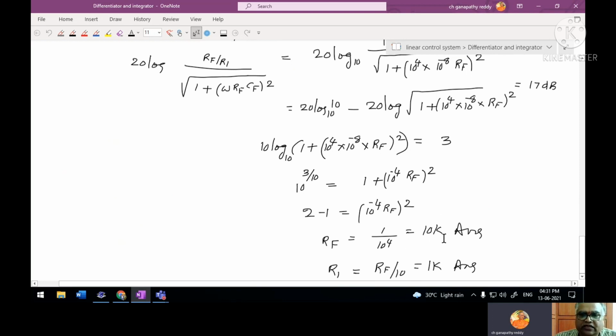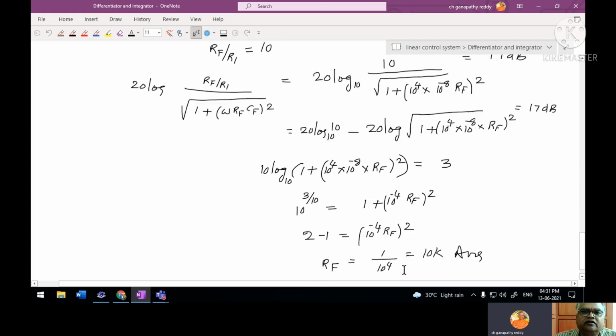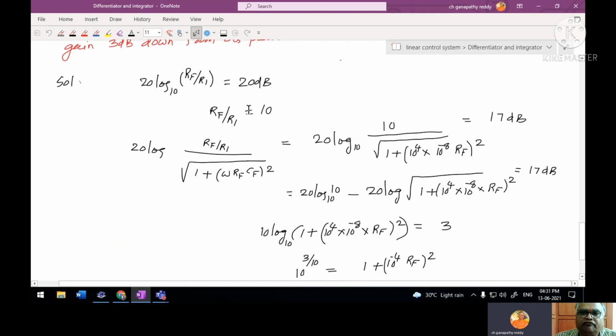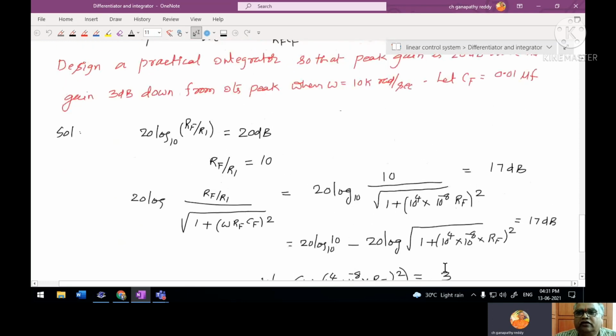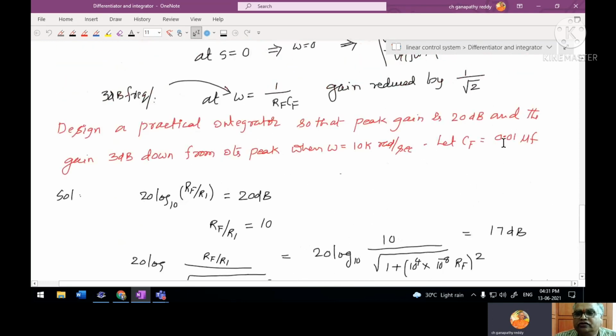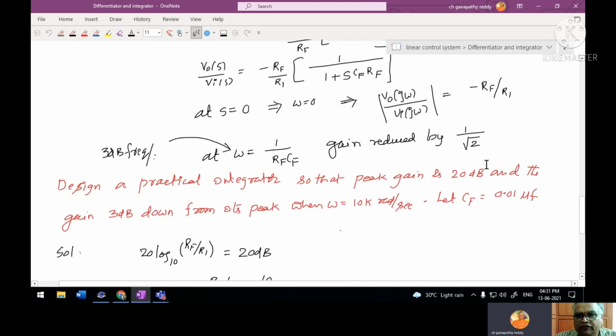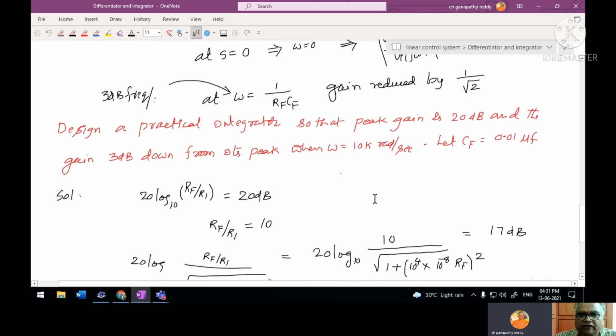When RF is 10k, what is R1? R1 equal to RF by 10, so we will get 1k. So RF we found to be 10k, R1 1k. In the question, CF is 0.01 micro given. RF and R1 we determined, and at lower frequency we should have a gain of 20 dB.